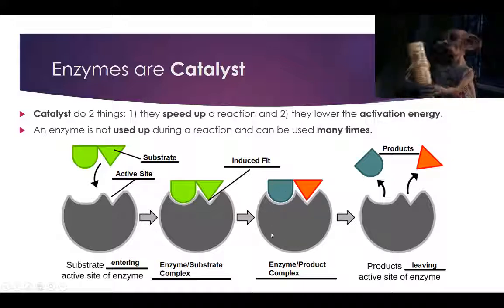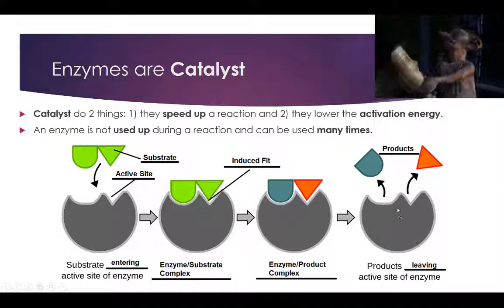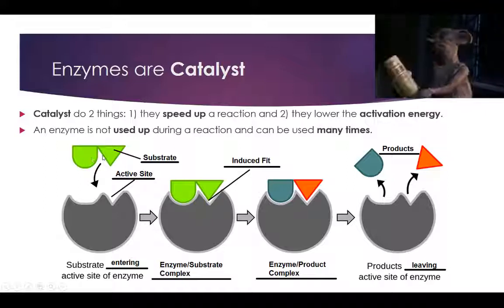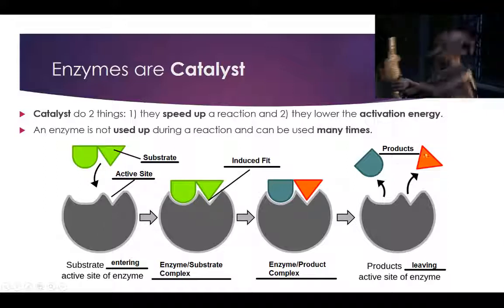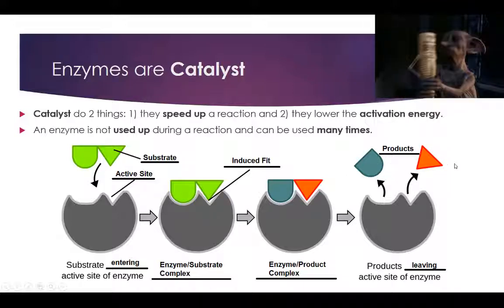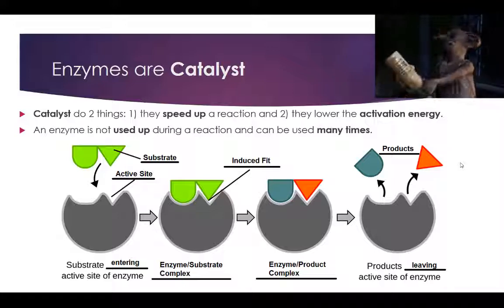When it does, we call that the enzyme product complex, and then the products will be released from the enzyme. So what have we done here? We've taken in some food into your stomach, and we've got some digestive enzymes that are breaking that food into smaller parts so that they can move into your cells and they can be used as energy or whatever we need them for.